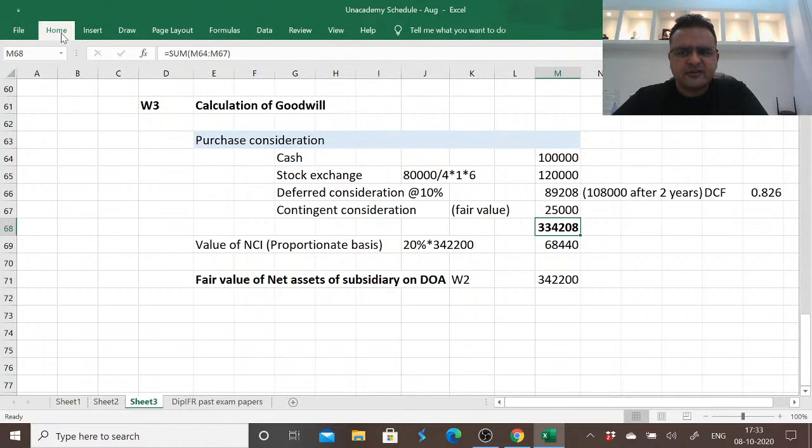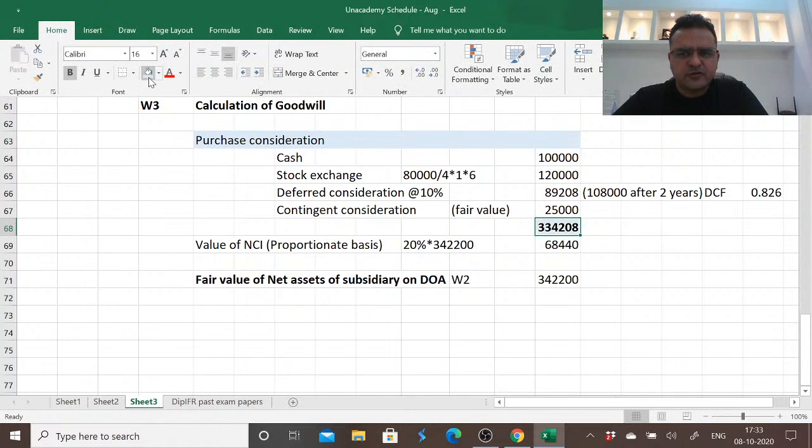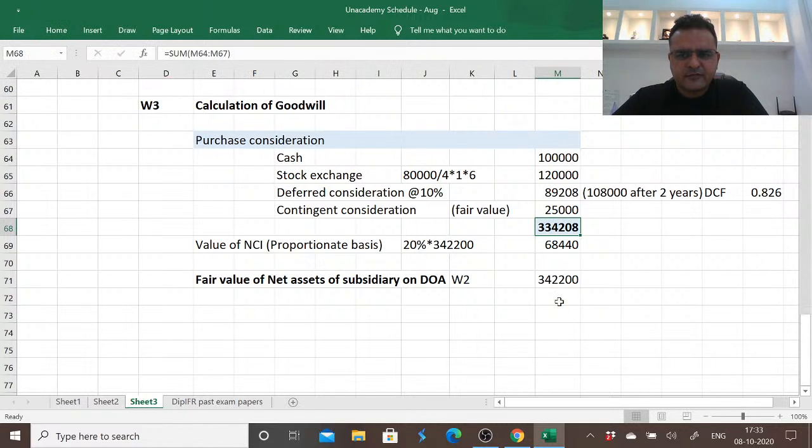The total purchase consideration is 334,208. When we measure the purchase consideration plus value of NCI minus fair value of net assets of subsidiary on date of acquisition, this difference is known as goodwill.